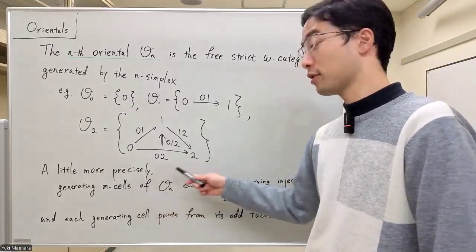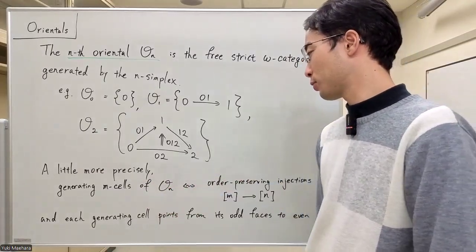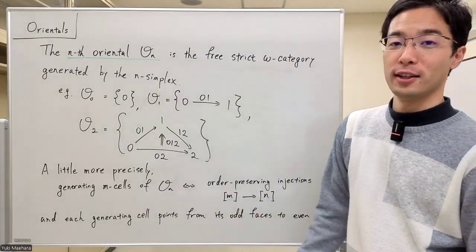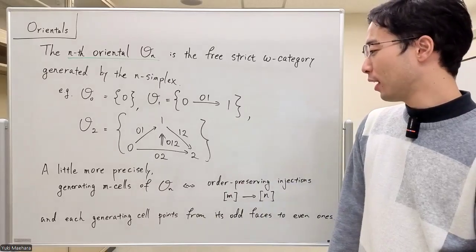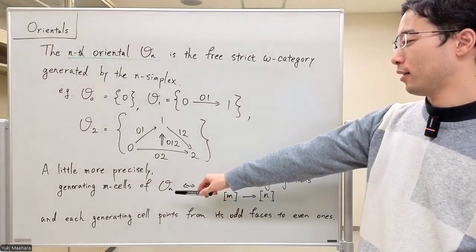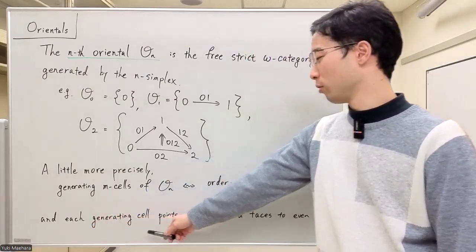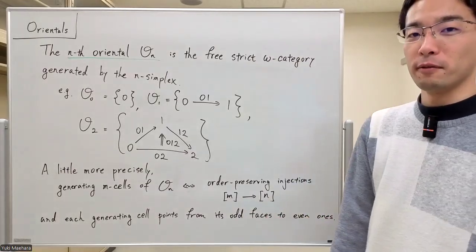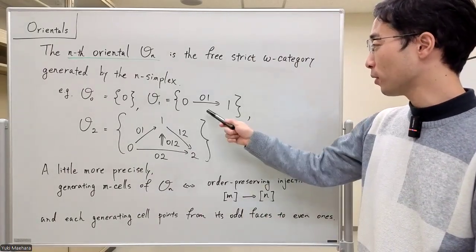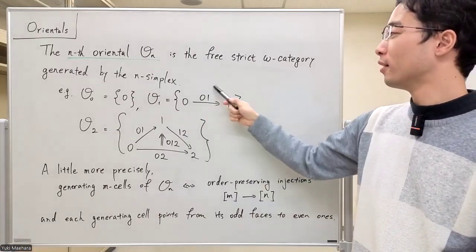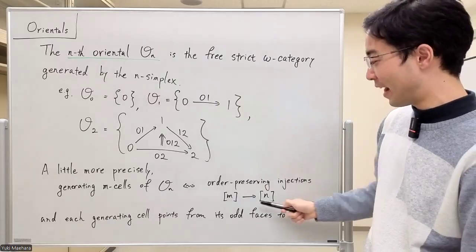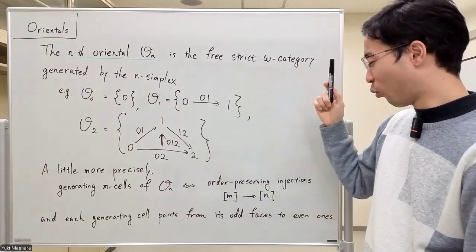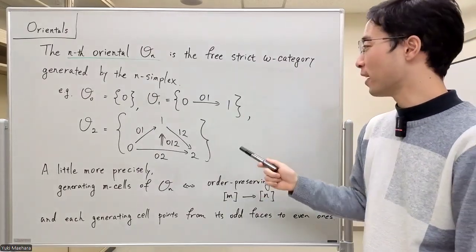Now, these are the generating cells of this strict omega category O(n), but these are meant to be cells, so we have to specify the source and the target of each of them, and that is determined by this rule. Each generating cell points from its odd faces to its even faces. For example, if you look at this one cell [0,1], which corresponds to the identity on [1], a one simplex has only one odd face, namely the first face.